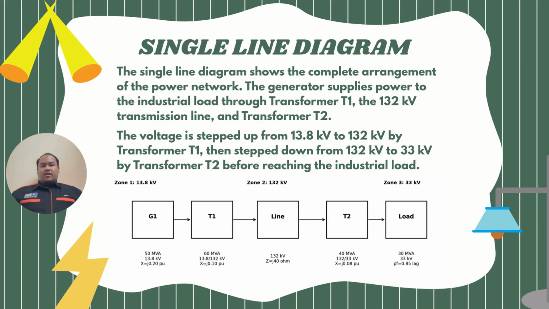After the power passes through the transmission line, transformer T2 steps down the voltage from 132 kV to 33 kV before it reaches the industrial load. This diagram is important because it helps us clearly identify the voltage zones before continuing with the per unit calculation.